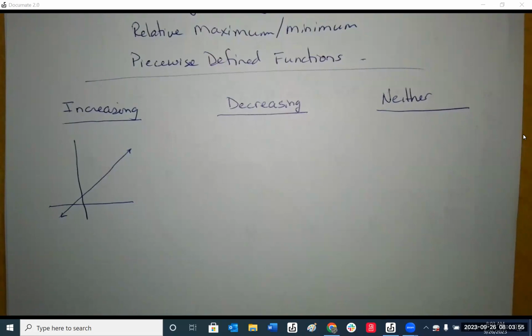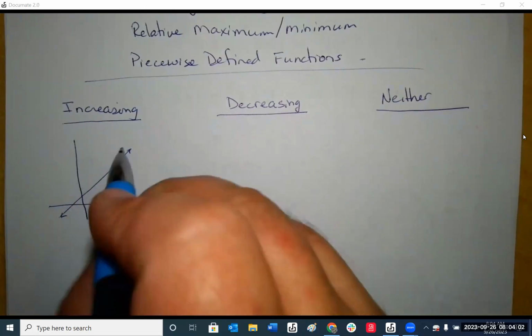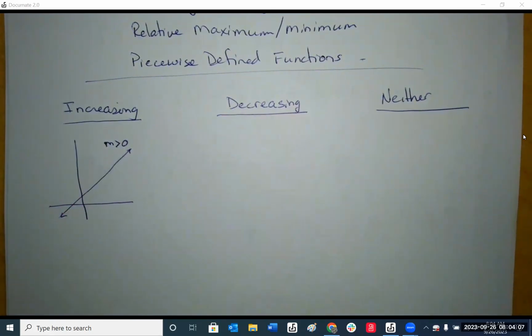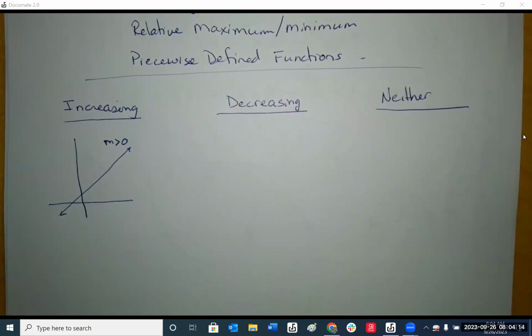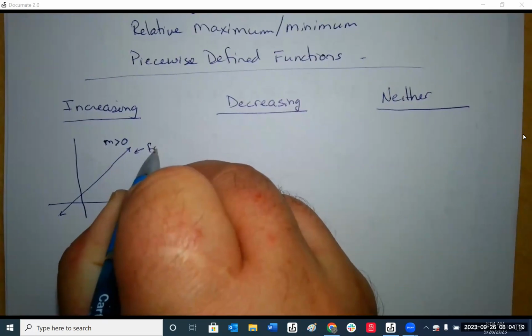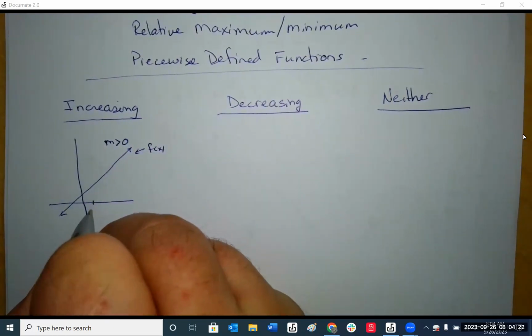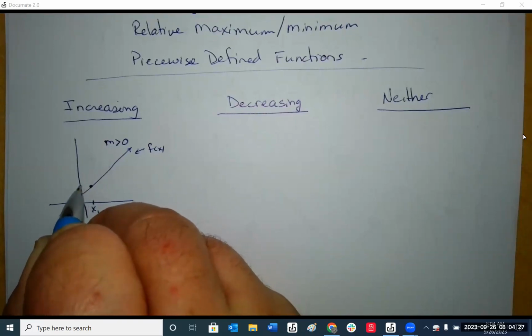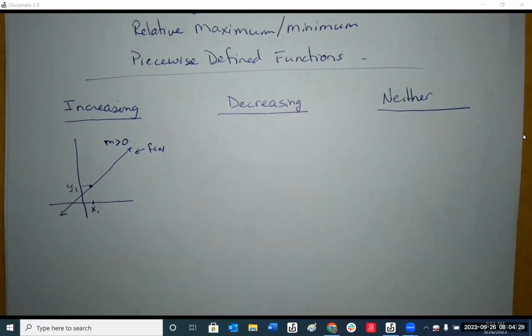What do we know so far about this graph from chapter 1? Yeah, we know the slope is positive. When the slope is positive, that means you have an increasing function. Here's our function f of x. At x1, there's a point on that graph that corresponds to y1.